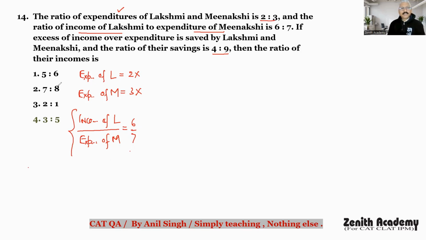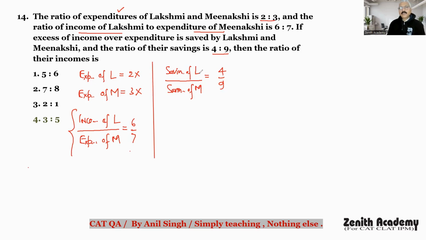What is saving? Saving is actually income minus expenditure. So here, saving of Lakshmi over saving of Meena is 4 is to 9.